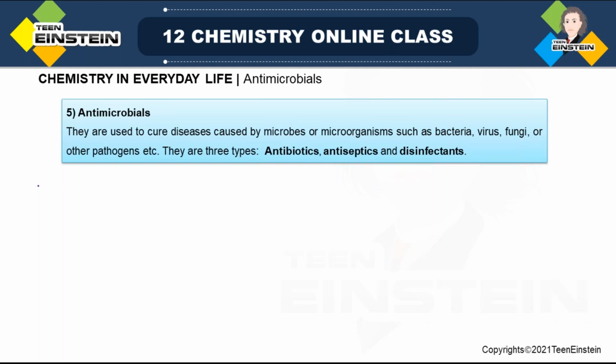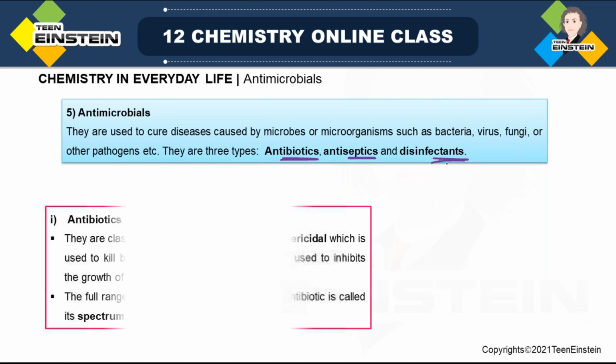Microorganism is a general term that we use, and under this all of these are present simultaneously, that is bacteria, virus, fungi, other pathogens, etc. Depending on their role, whether they are interacting with bacteria or completely destroying it or not, there may be 3 types. These 3 types are antibiotic, antiseptic, and disinfectants. Fine, all these 3 are under antimicrobials.